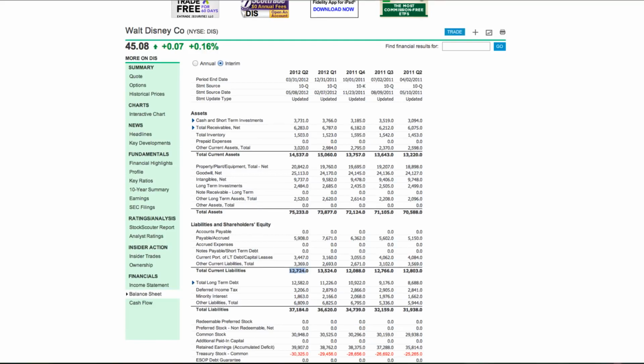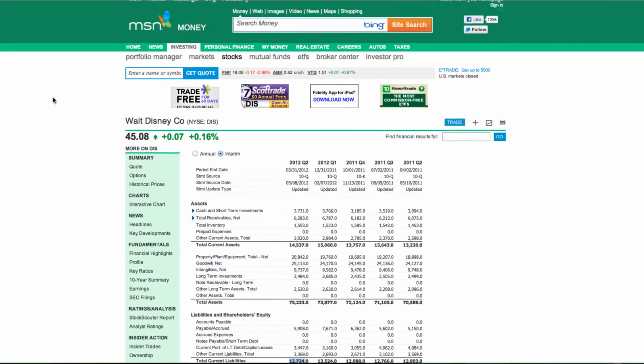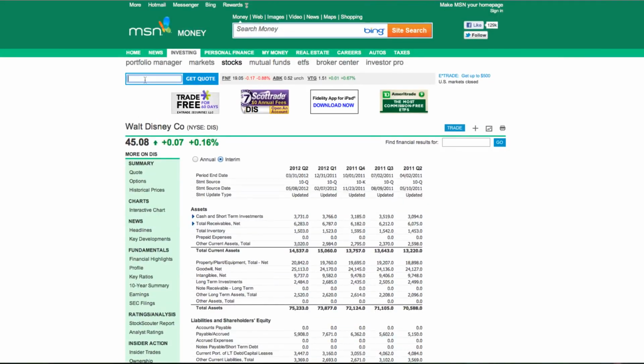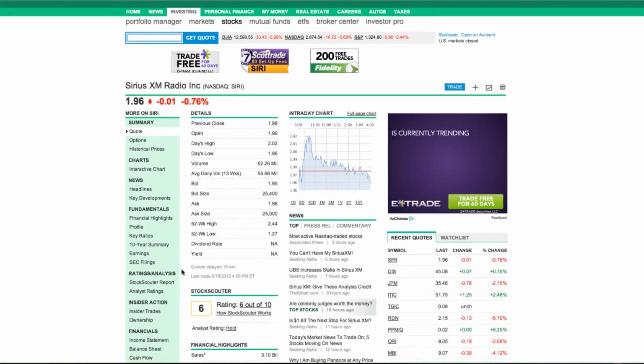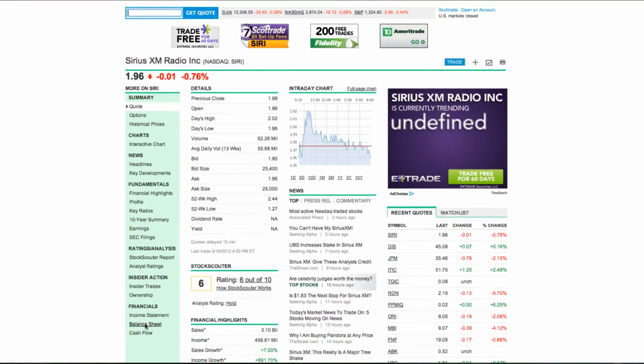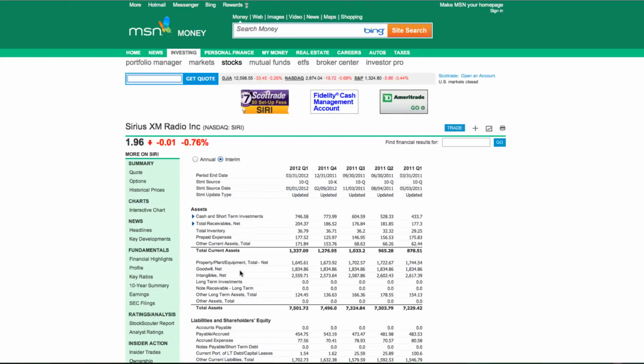So let's go ahead and look at Sirius satellite radio. We're just going to go up to the top, type in SIRI, and hit enter. We're going to come on down to the financials section and click on the balance sheet, and make sure that you're on interim.